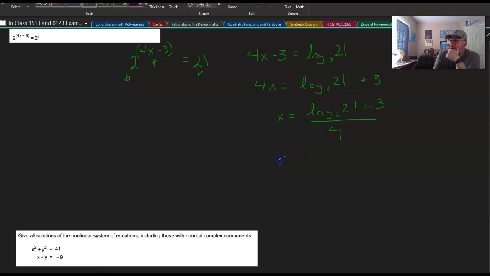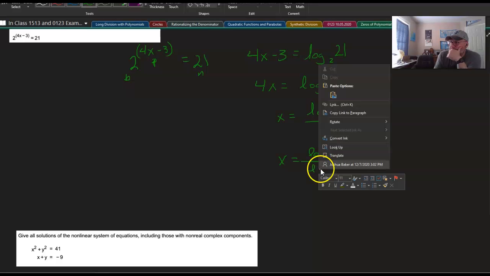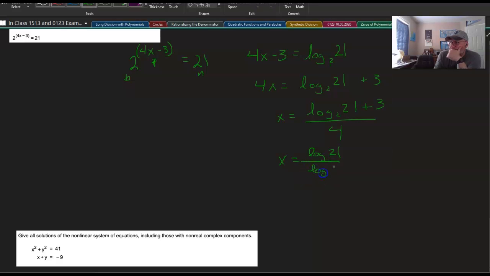But if they want a decimal approximation, then what you're going to have to do is log of 21 over log of 2, because you have to use the change of base, and then you're going to add 3 to that, and then you're going to divide by 4.